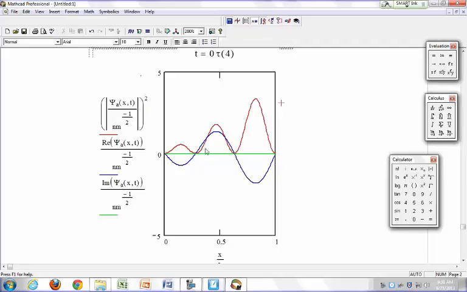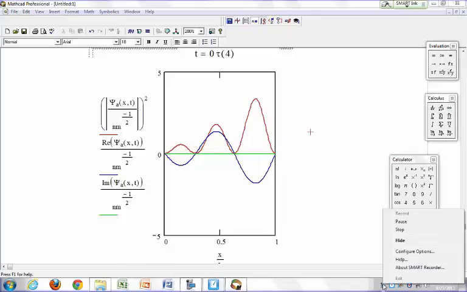And so that would be a way to track the movement of the particle, where there's a high amplitude of psi, there's a high value for psi squared. Okay? So I think that's all I got.